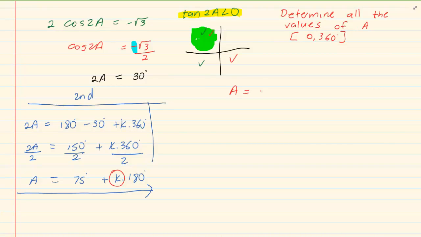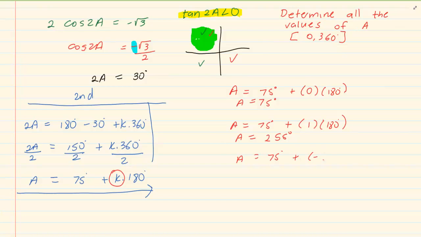A is equal to 75 degrees plus, in place of k, I'm making it 0 times 180, which gives me an answer of 75 degrees. Then a is equal to 75 plus, let's try 1, which gives me an answer of 255. If I try minus 1, that will give me an answer of minus 105.